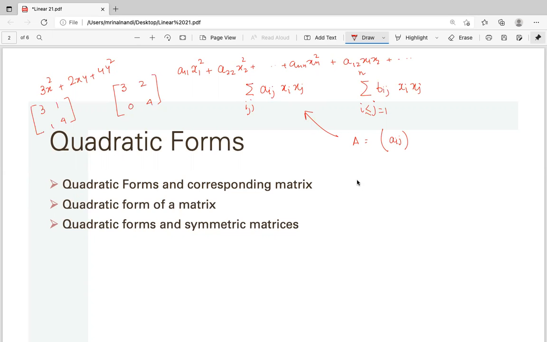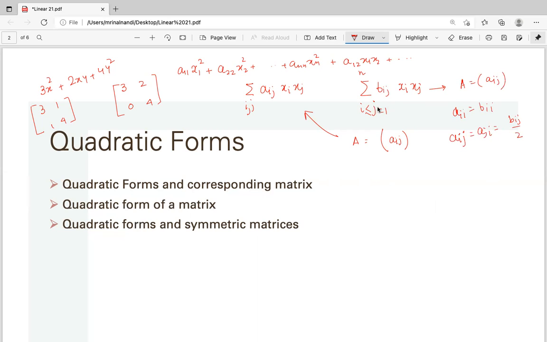So which matrix will we take? The thing is, we will take a symmetric matrix. So for a given quadratic form, we will take a symmetric matrix. That means for bij, you have to take a matrix aij, with aii equal to bii, and aij equal to aji equal to actually bij by 2.